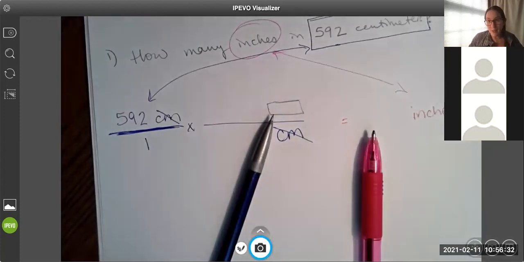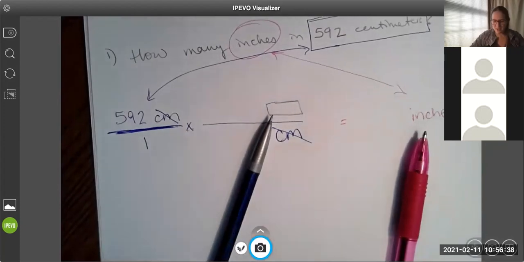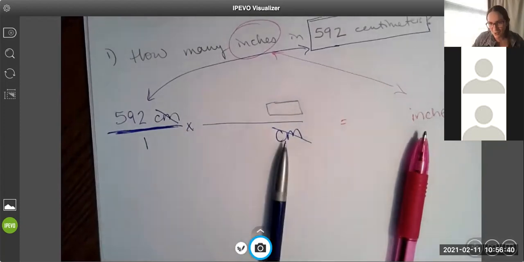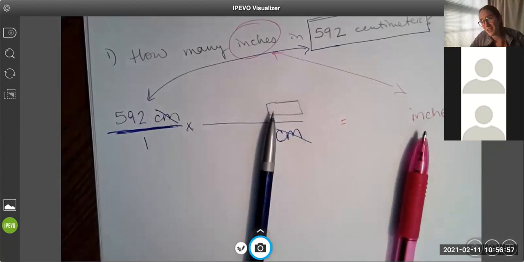Okay, great. So what we want is inches. We figured out that if we have a unit on the top and the bottom, it cancels. So if we want inches, what is the unit that we would put on the top? Cancel out every single unit you see. All units on the top and the bottom will cancel.